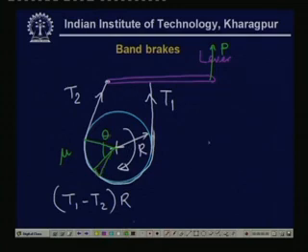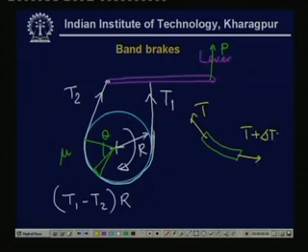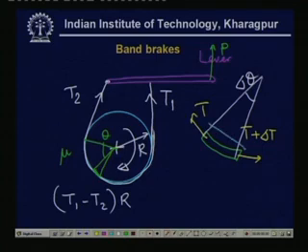Then for that particular element, there will be tension T here, and because of the friction force, the T varies. So, this is T plus delta T, and this angle is delta theta. Of course, there will be the friction force acting over here, mu times N, where N is the normal reaction.